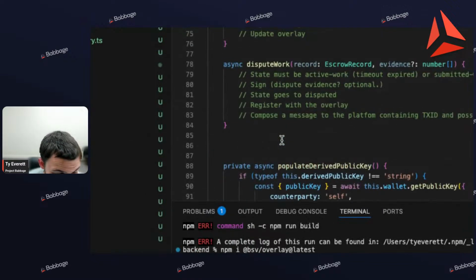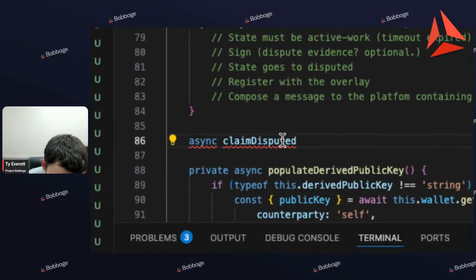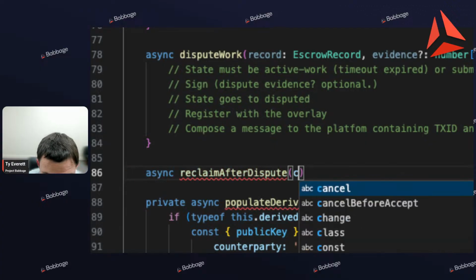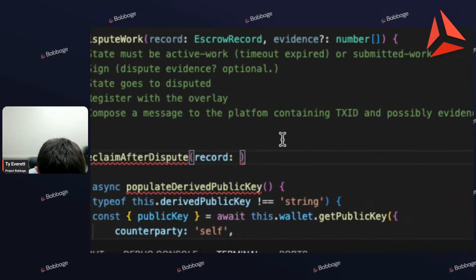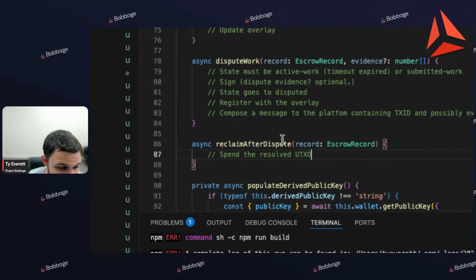Let's think about we just need a pseudo function right now for claim, and it's just going to spend the resolved UTXO.